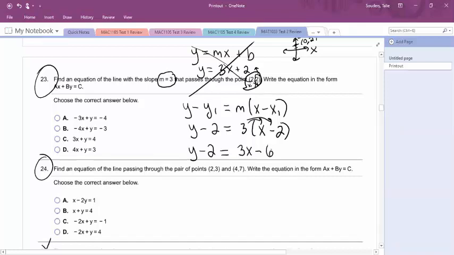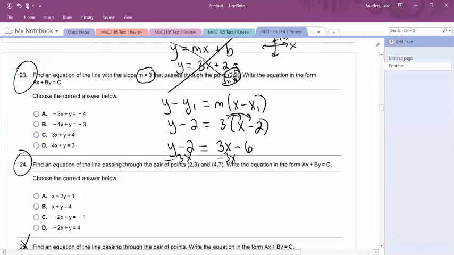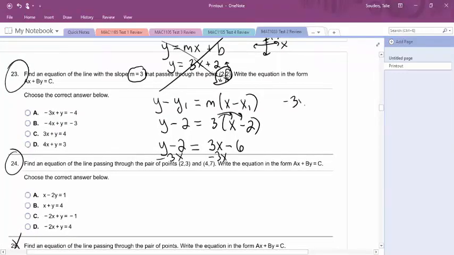And then we're trying to get our answer in standard form. So we want the x and y on the left side of the equation and the constant on the right side of the equation. So what could we do next? Subtract 3x on both sides. It doesn't combine with anything on that side, so that's fine. We'll just put it in front because we want the x term first. So negative 3x plus y minus 2 equals negative 6.